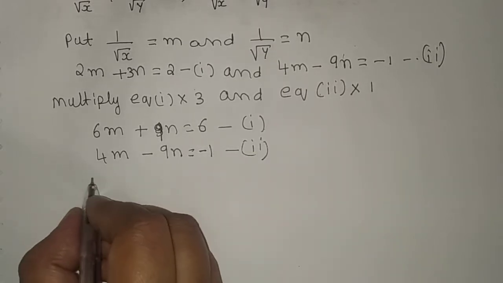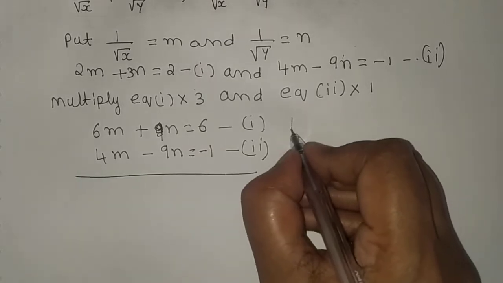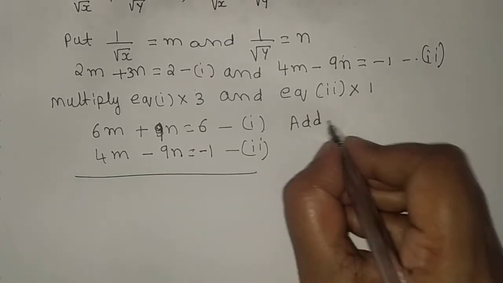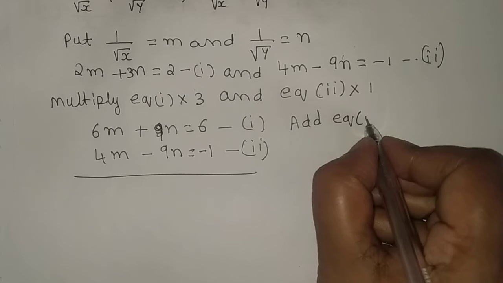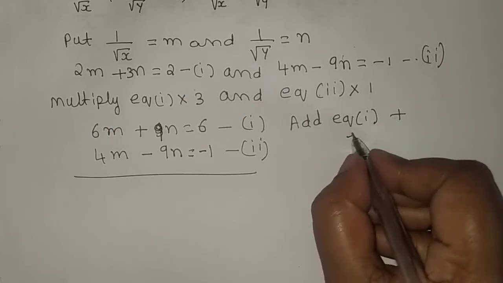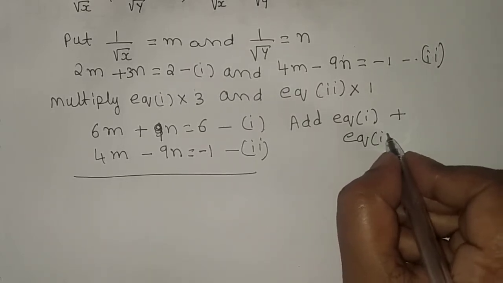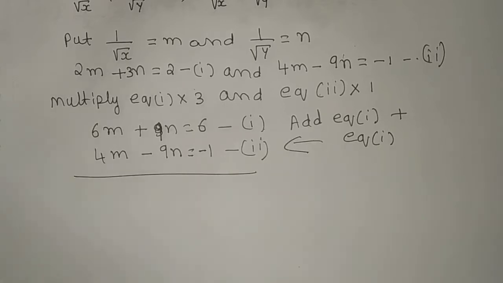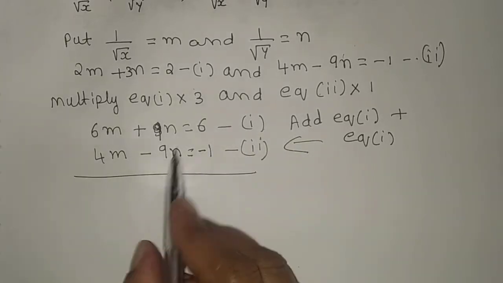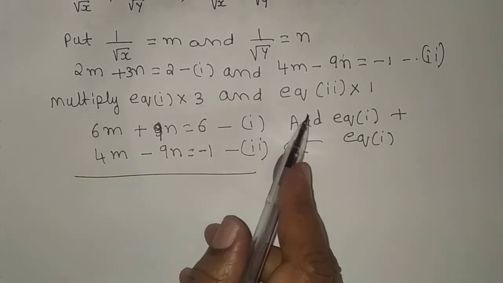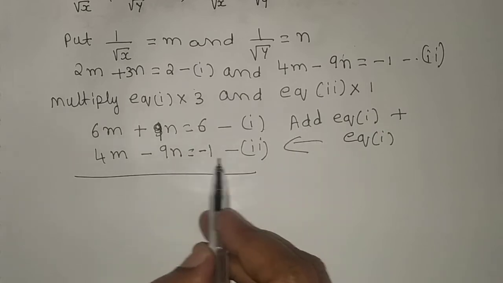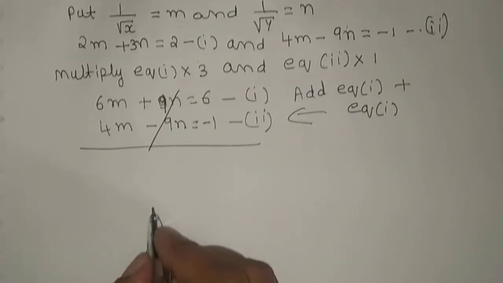Now what we have to do? Add equation 1 plus equation 2. So we are adding these two, equation 1 after multiplying by 3 and equation 2 after multiplying by 1. Now this cancels.